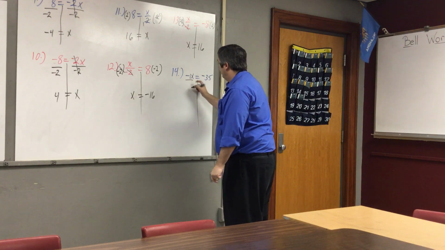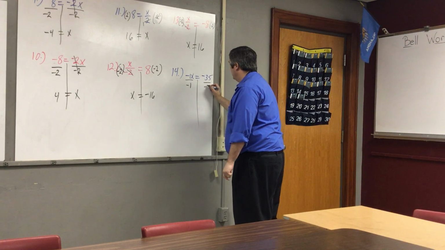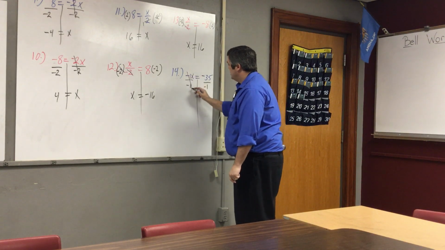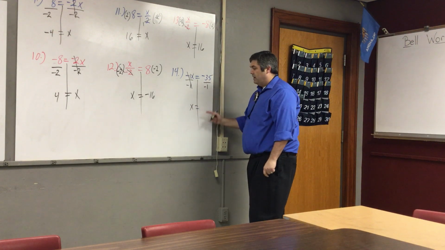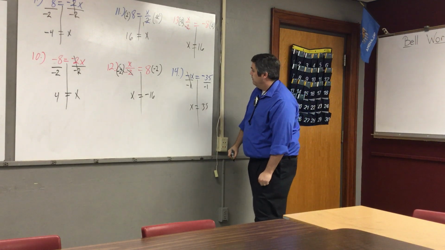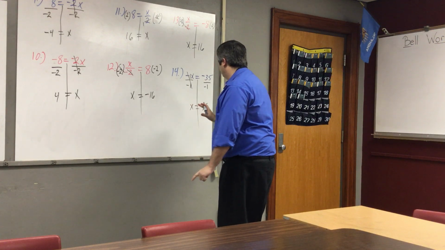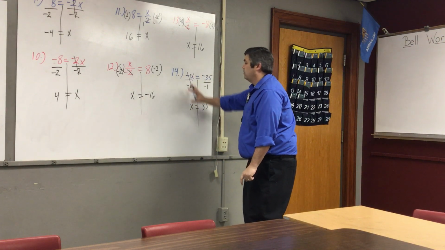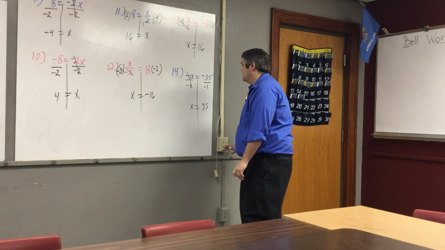You can divide by a negative 1, which cancels this out, and divides by negative 1 over here. That cancels out your negatives, gives you x equals, oh, negative divided by negative gets you 35. There's that way. Okay? That way works, and is probably the best way to do that right now.